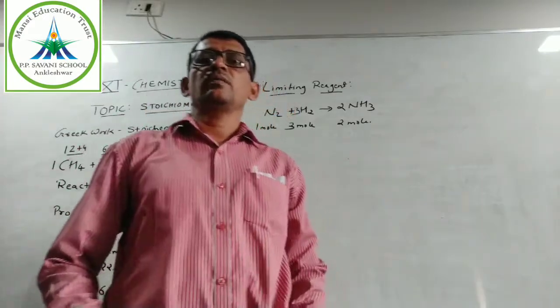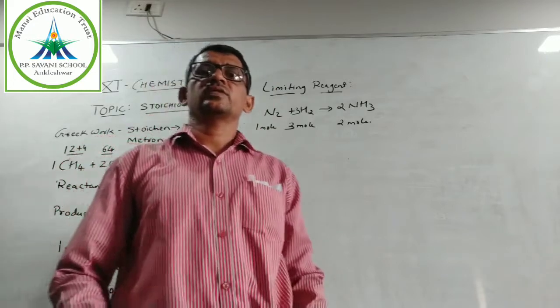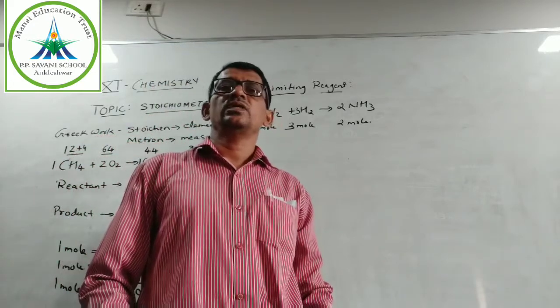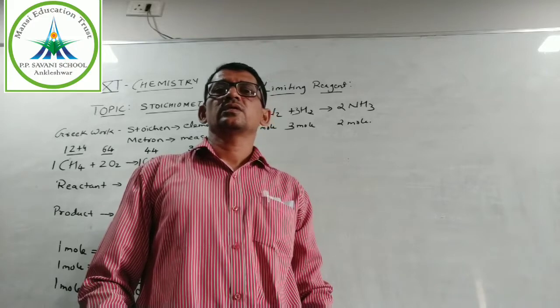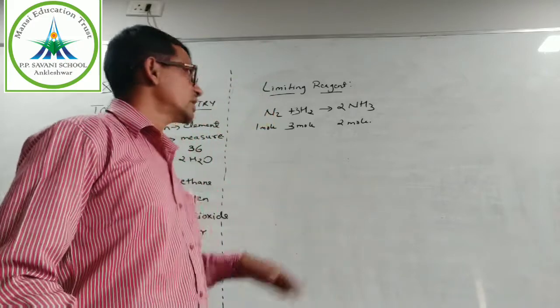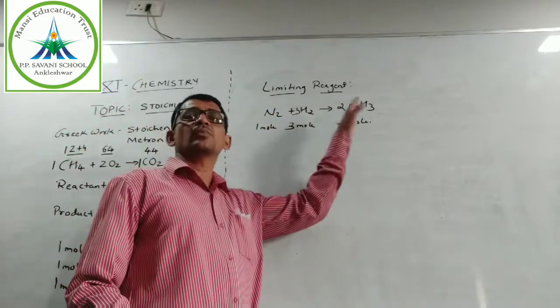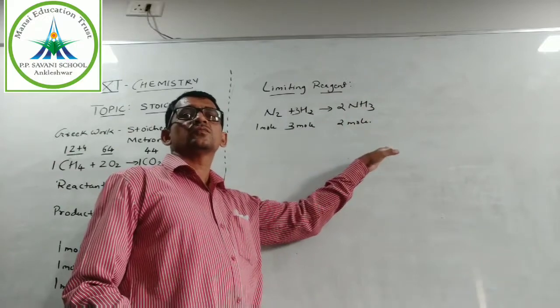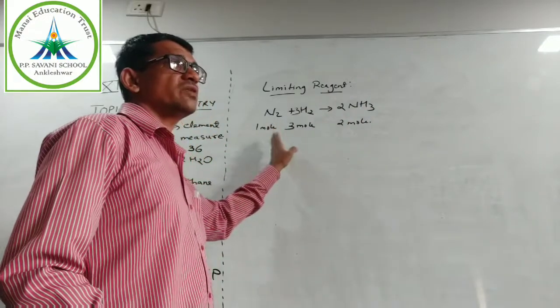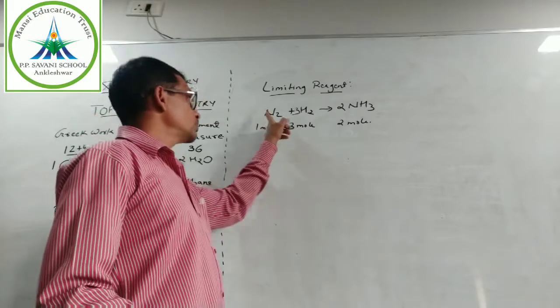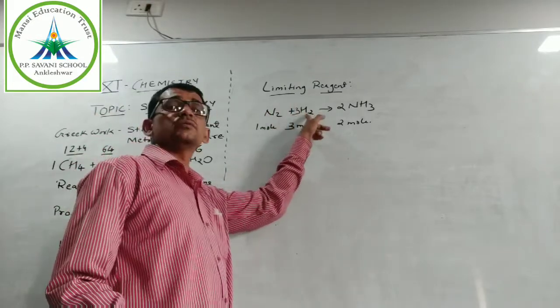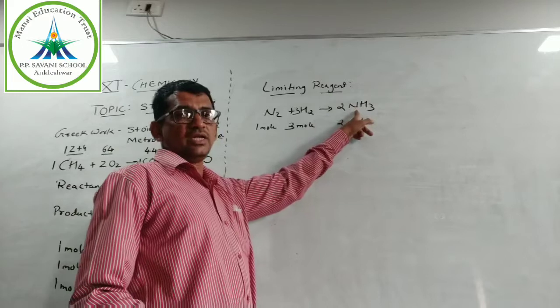Okay, second topic is limiting reagent. In stoichiometry, limiting reagent means that component of reactant which limits the product. We take an example, from that we can find the limiting reagent. Suppose nitrogen reacts with hydrogen and produces ammonia, NH3.